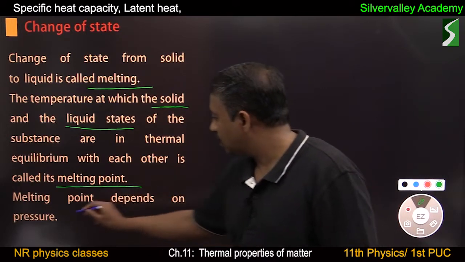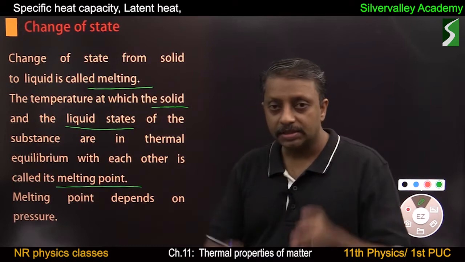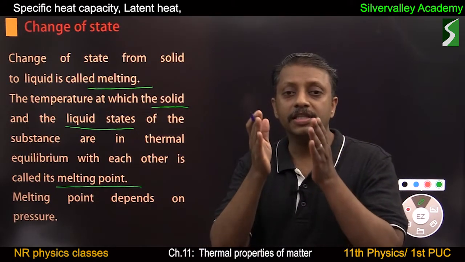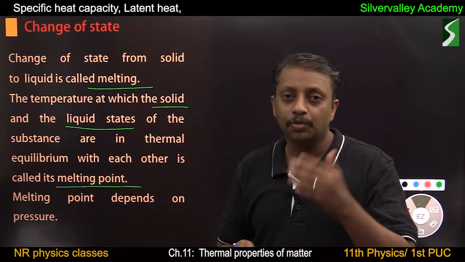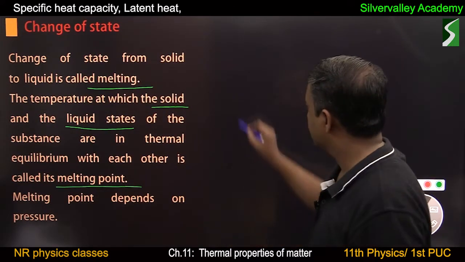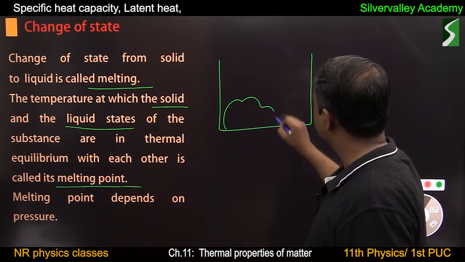Melting point depends on pressure. Melting point means that temperature where the change in phase occurs from solid to liquid, isn't it? There is one more statement for melting point. If this is a container, this is ice.